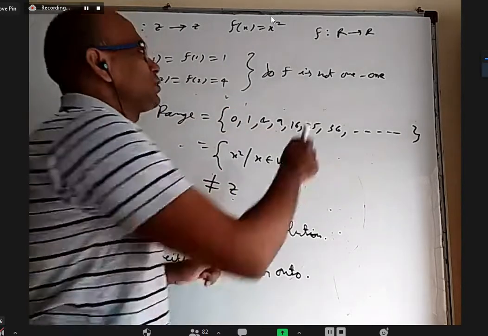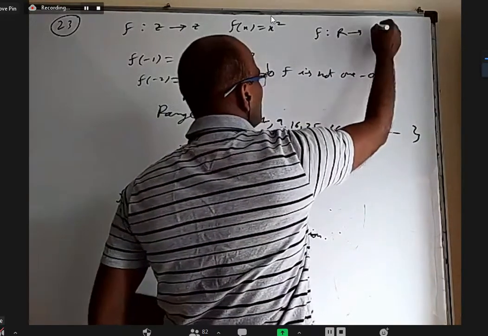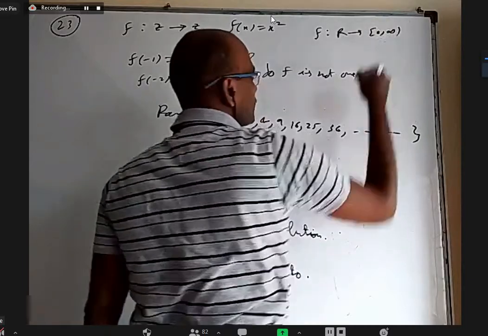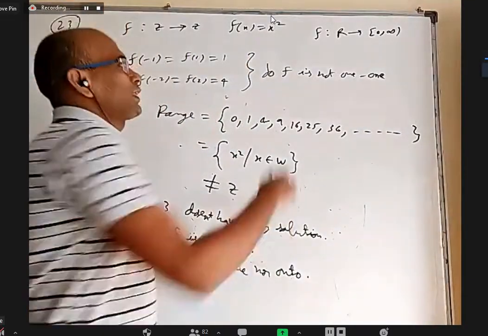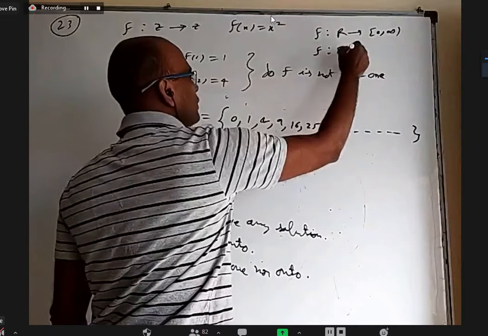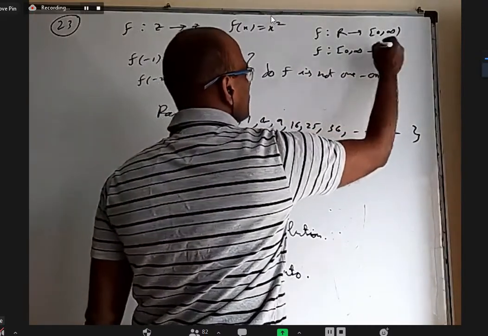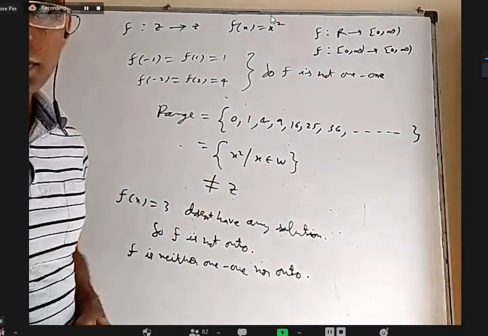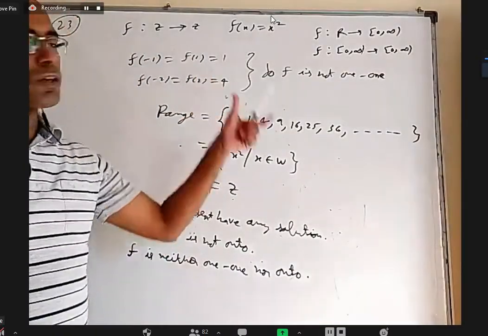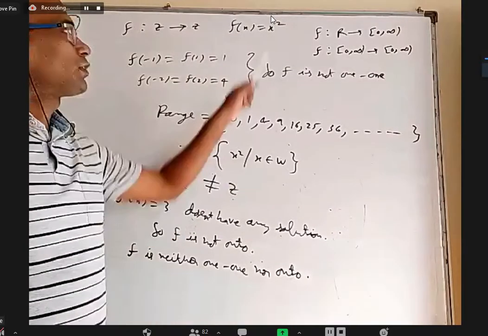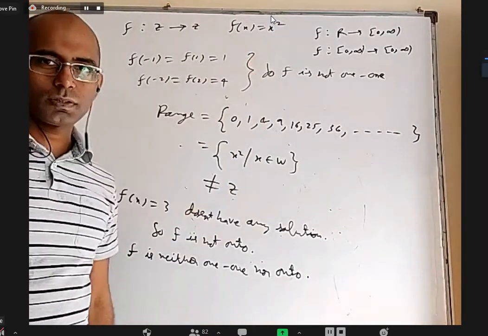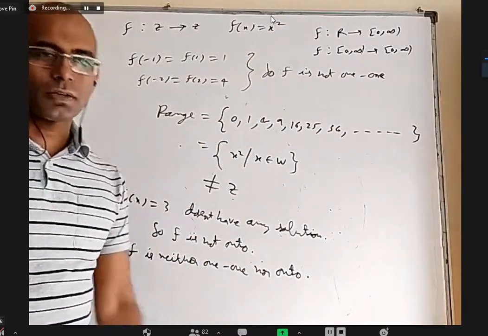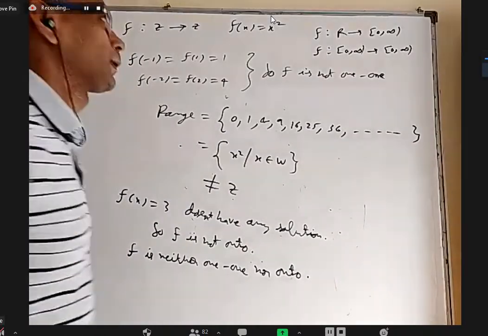You want to make it onto, you can make it. Remove this and write the closed interval 0 to infinity. You want to make it 1-1, I can make it. Domain also, write closed 0 to infinity. Codomain also, write closed 0 to infinity. It is both 1-1 and onto. So by changing the domain and codomain suitably, without changing the definition as such, we can make it 1-1. We can make it onto.